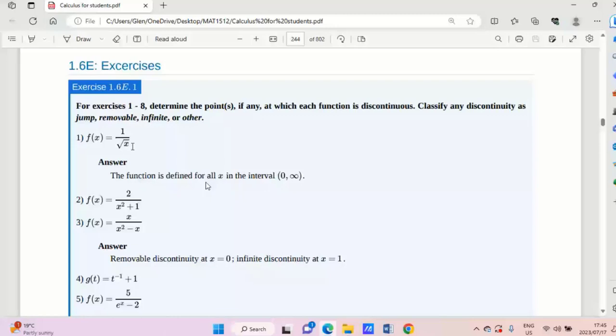Sir, the issue here, I understand what they're saying: if you put -2, negative root 2 will be undefined. If you put square root of 0, it will be 0. 1 over 0 is undefined. So x has to be from 0 to infinite. I understand that. But what I'm trying to say is this.